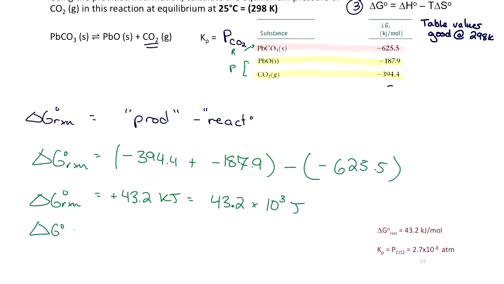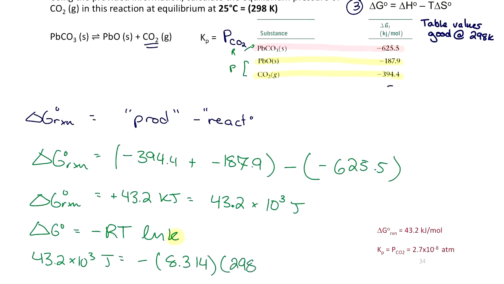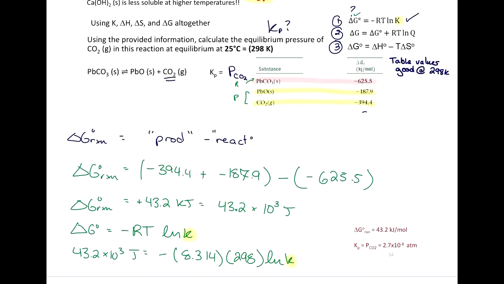Delta G equals negative RT ln K. So we're solving for K here. So delta G, 43.2 times 10 to the 3 joules, equals negative R, so 8.314, times the temperature, so 298, times natural log of K. So simply put everything together on one side and isolate natural log of K, and then we can take e to both sides to get that. But I will show that work here.